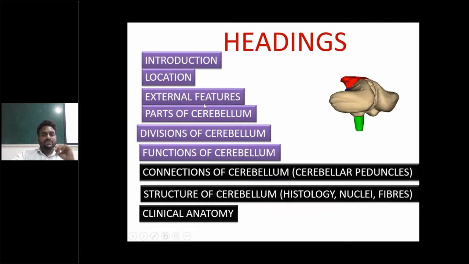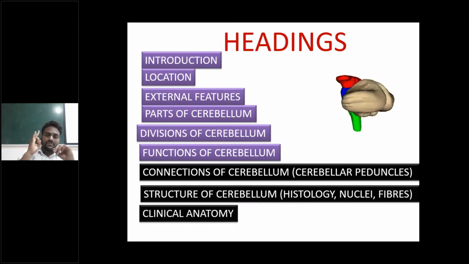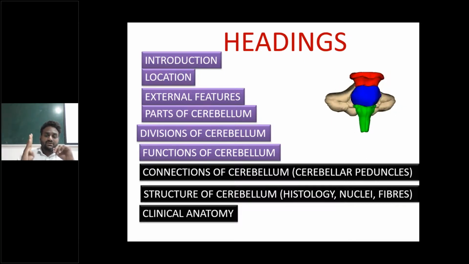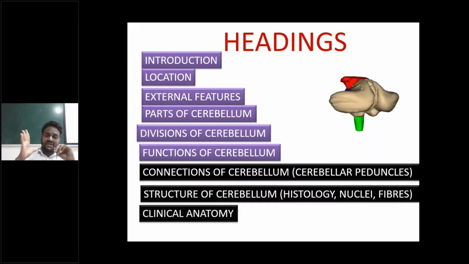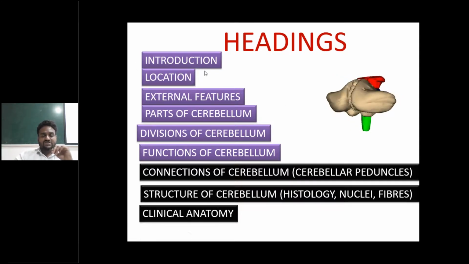In these parts, the most important are: one, arbor vitae; two, parts of the vermis; three, divisions of the cerebellum, especially functional divisions; four, dentate nucleus; five, nuclei of the cerebellum; six, dentate nucleus; seven, climbing and mossy fibers. These are very important from the cerebellum. These are short notes questions.